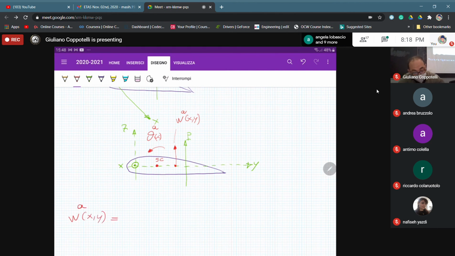could be written as the vertical displacement of the shear center, W_C because of the loading condition A, and that of course depends on the actual position of the shear center in the section, plus the effect of the rotation of the section because of torque.